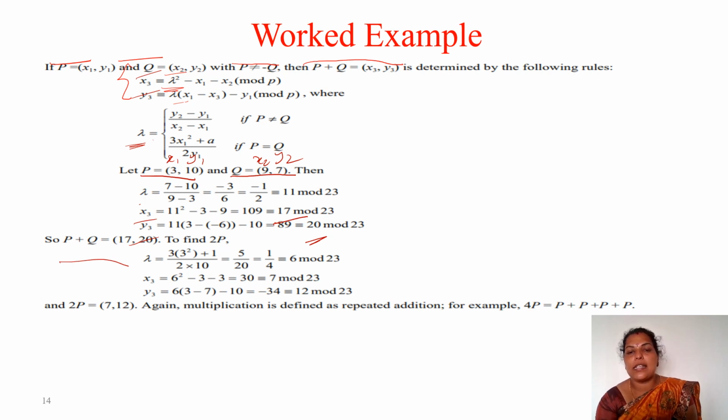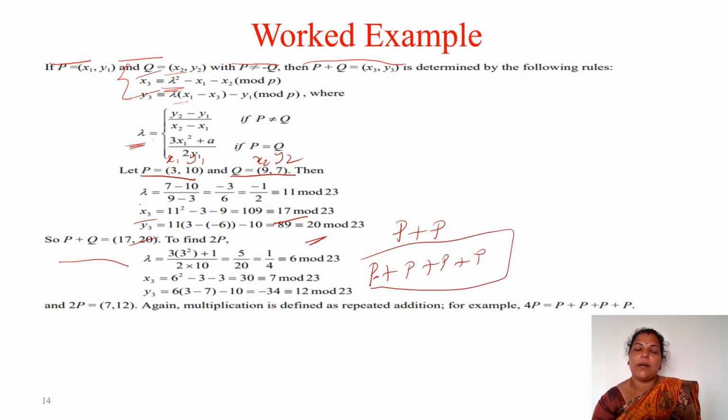Again, multiplication is defined as repetitive addition. 2P means P plus P, and 4P means P plus P plus P plus P. Likewise, in order to perform multiplication, we need to perform repeated addition. That is the main concept in elliptic curve cryptography.